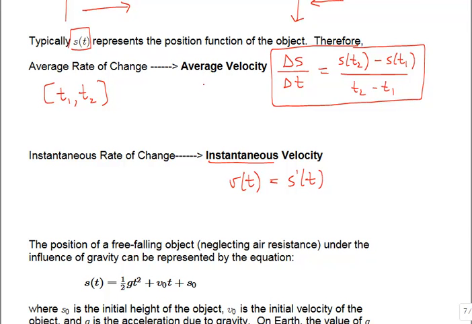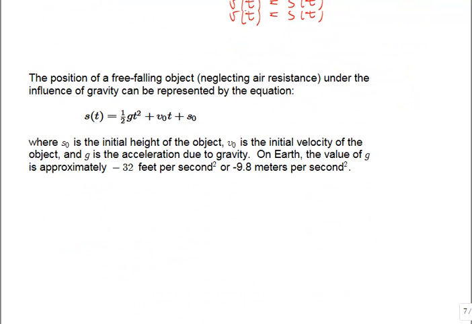Okay? Now, something else from physics that we're not going to derive, but something that you will see and you'll want to be able to utilize is this known position function. The position of a free-falling object, neglecting air resistance, under the influence of gravity can be represented by this equation. The position of the object at any time t equals 1/2 gt squared plus v sub 0 t plus s sub 0.